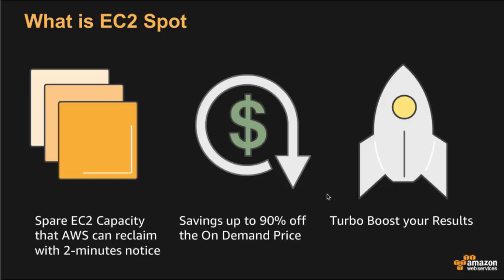You're probably already familiar with EC2 instances when they are launched on demand. It basically means launching an instance from the on-demand pool that's available. There is on-demand capacity that customers are not using, spare capacity which AWS has to maintain to make capacity available on demand to customers.